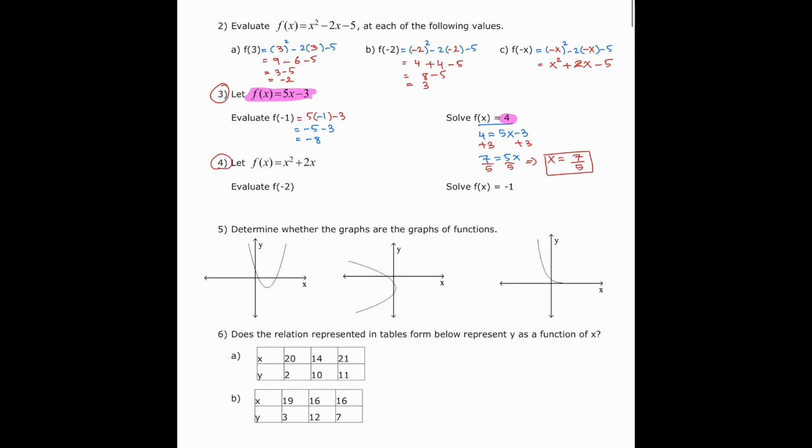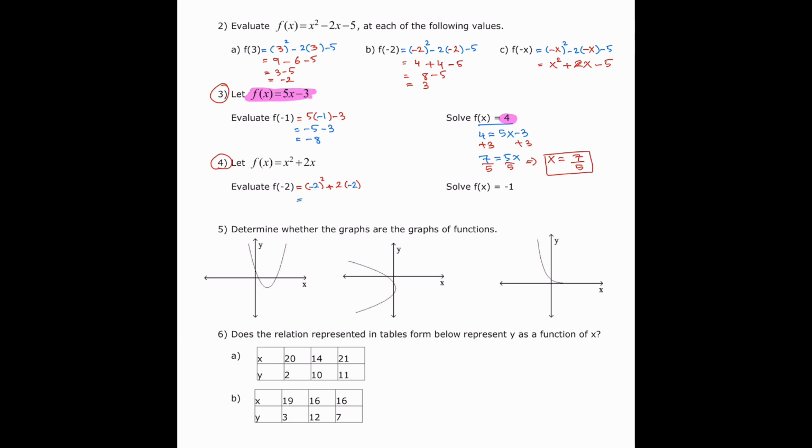Number 4, let f of x is equal to x squared plus 2x. We want to evaluate f at -2. So again, I will remove all of the x's and put a placeholder instead. And then I will put the -2 inside of the placeholder.